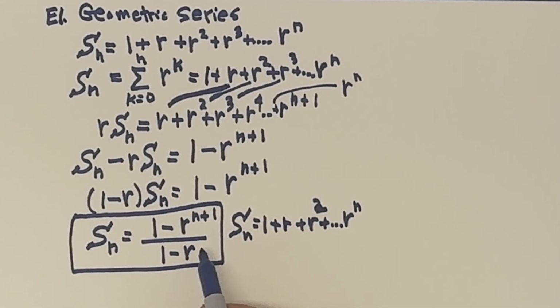Now, we're going to be dealing with series that are infinite, that keep going forever. So I would like to use this as an example to see what happens if we take the limit as n goes to infinity. So we'll have here to the right an infinite amount of terms.